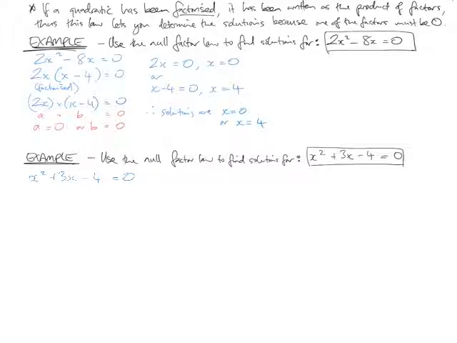If you remember back, have a look at your textbooks or your workbooks. It is the rule factorizing with sum and product rule, which states x squared plus px plus q is equal to x plus a, x plus b, where a and b are two numbers.